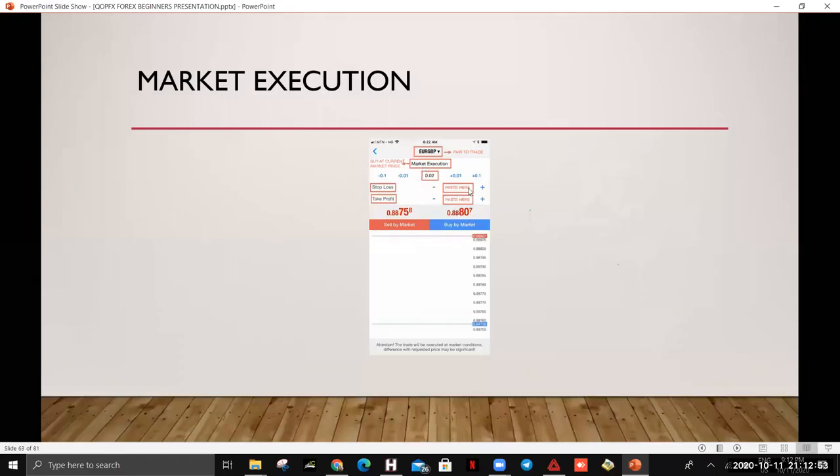Now I want you to pay attention to those places that have the boxes on. This 0.02 here, this is your lot size. You see how small this thing is? This thing can make you and can also break you.